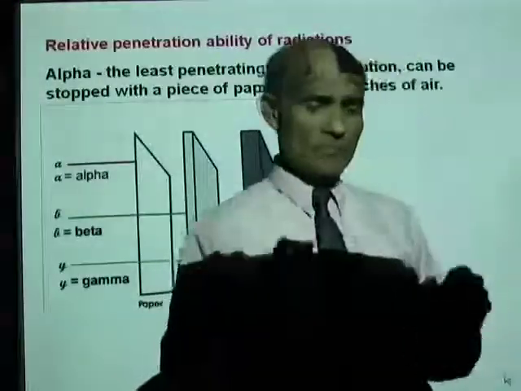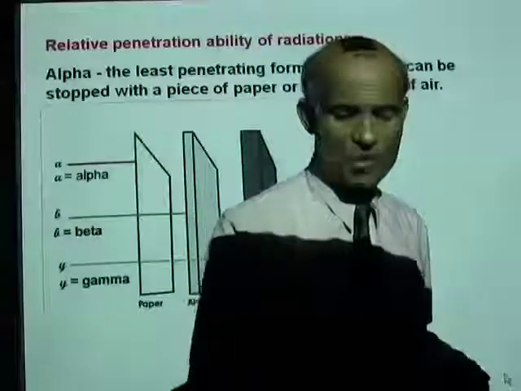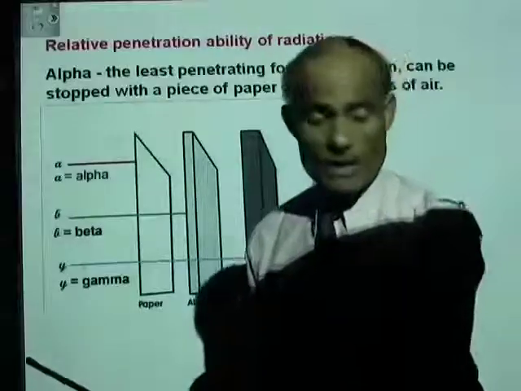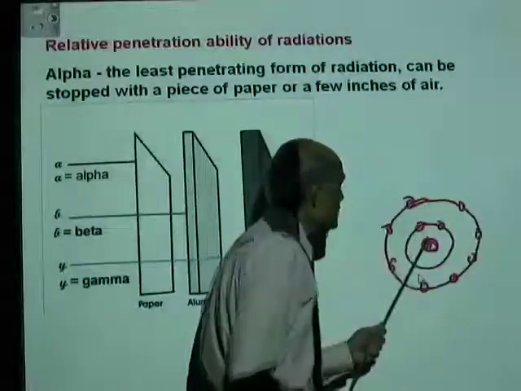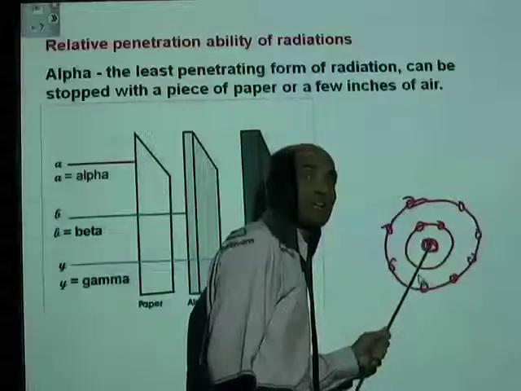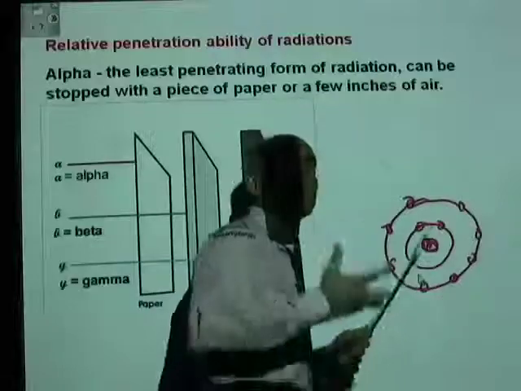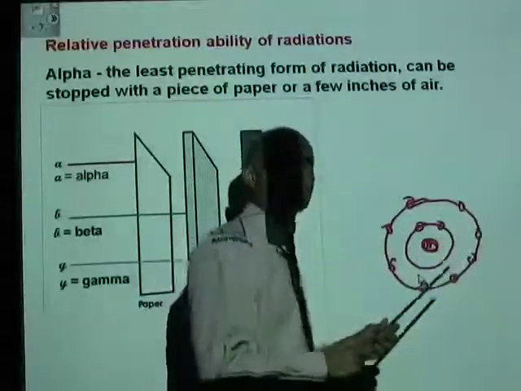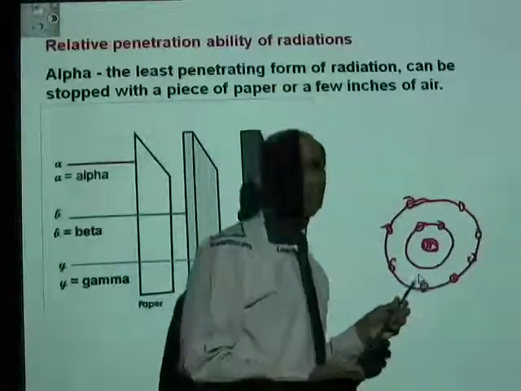Now, let me see if I can draw a small picture of the atom on the board before I explain. The picture of the atom we have now is that you have a nucleus that is positively charged and electrons in shells or subshells in a region surrounding the nucleus. Now, this is a neutral atom.